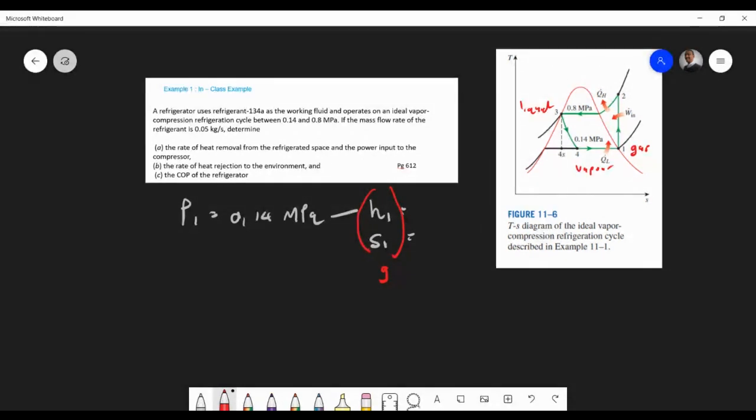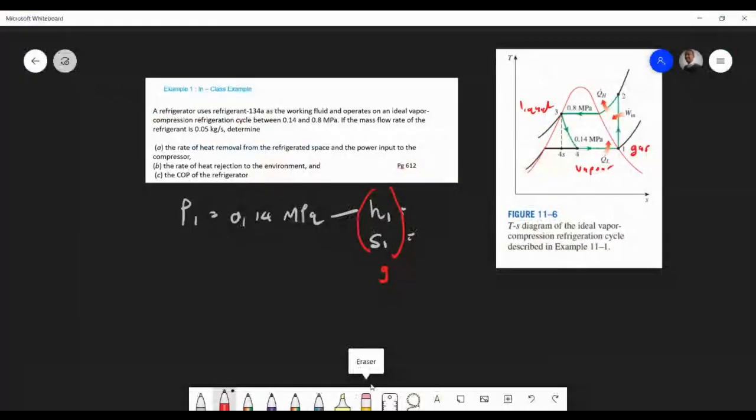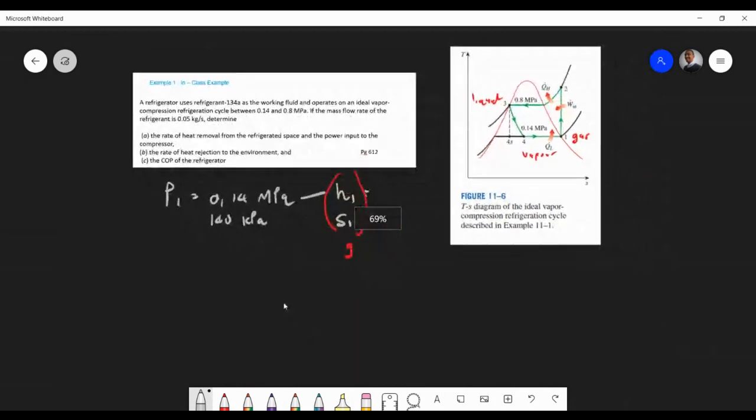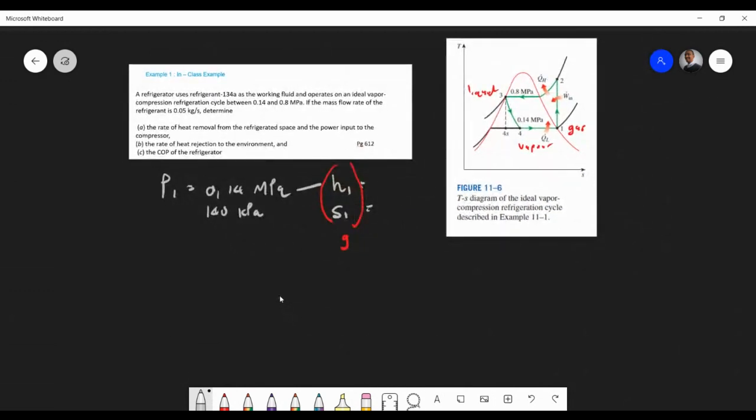At 0.14 MPa, which is obviously 140 kilopascals. Please go find it. I'll bring it up in the first lectures, and eventually we'll get used to it. H1 and S1: the reason you're finding S1 is that S1 to S2 is an isentropic process.